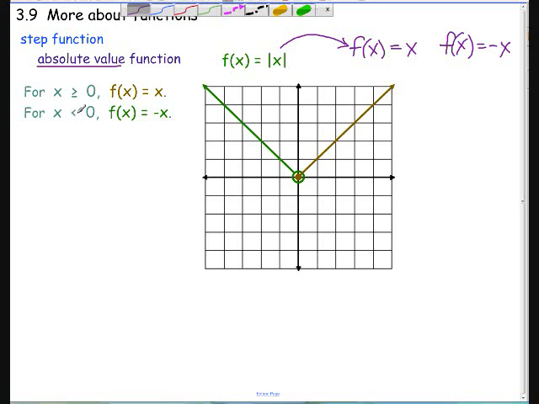And when we graph it, we're saying we're going to graph this function, f of x equals x, for all positive values of x, and we're going to do this one for all negative values of x.